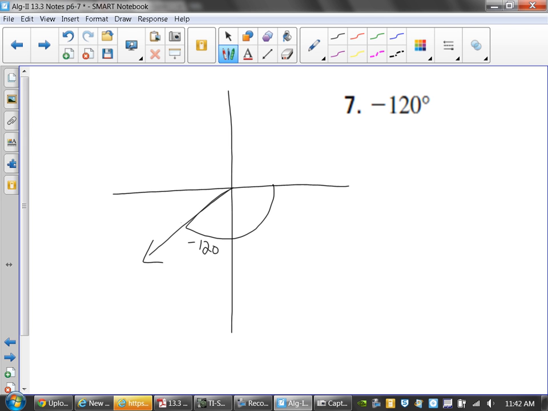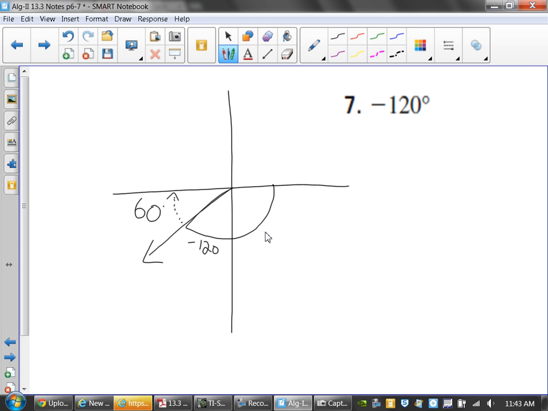How far off of this is it from 180? 60. So the reference angle is still 60 degrees. It is still a positive value. You can think of it just by looking at it upside down. Your reference angles are always going to be positive. It's just telling you direction. You just have to start playing around with where it's going to wind up.